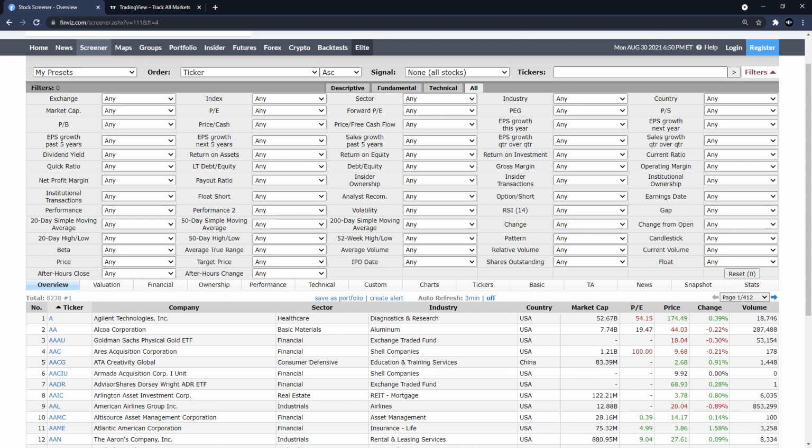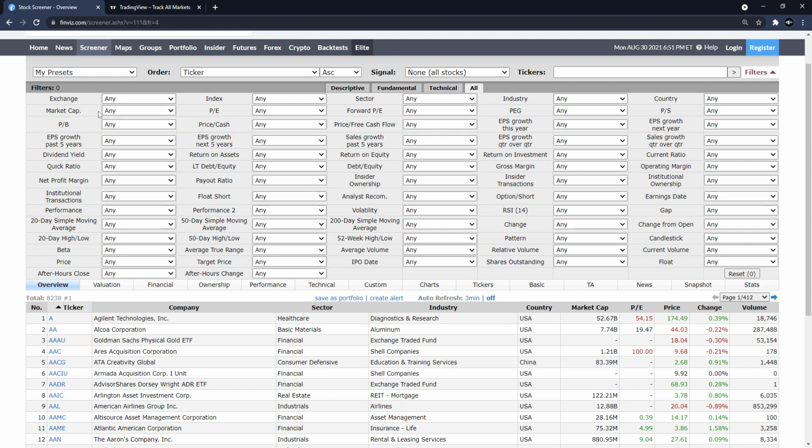In today's video, what we are going to fill in on this filter will be six things. Let's start with the market cap. So what is market cap? You can just hover the mouse right here and select it. It equals the total dollar market value of all of a company's outstanding shares.